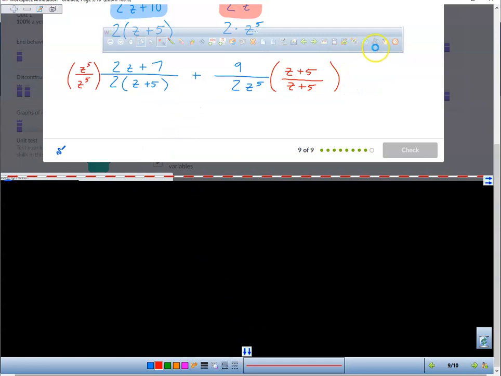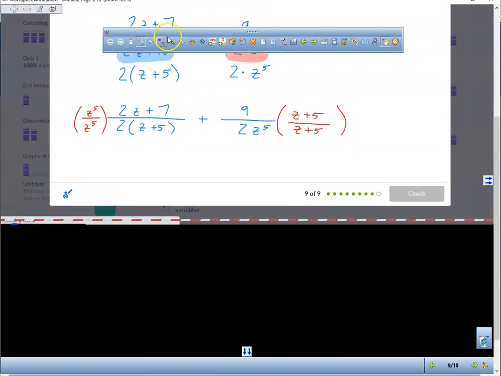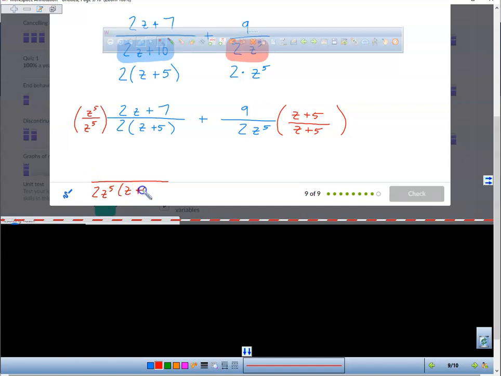So here we go. What's our denominator? Our denominator is 2z to the power of 5 times z plus 5 right there. So what do I do with this? I have to distribute it to both terms. If I distribute that to both terms, what am I left with in the numerator?